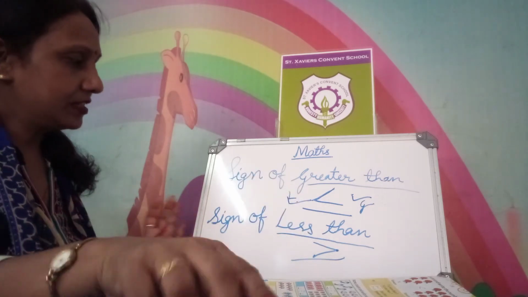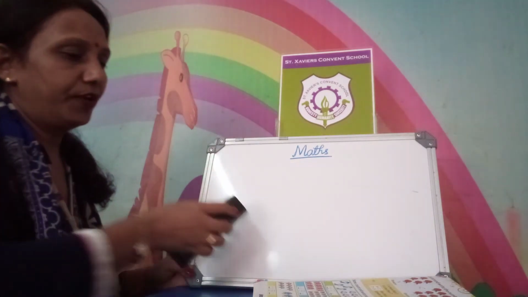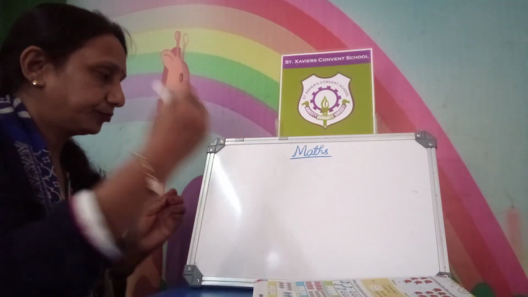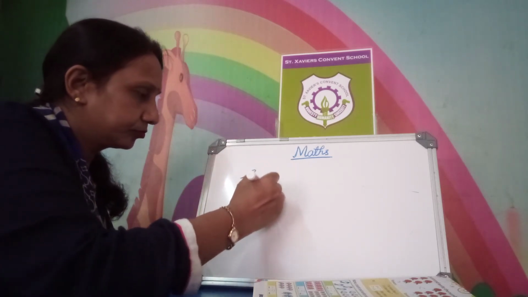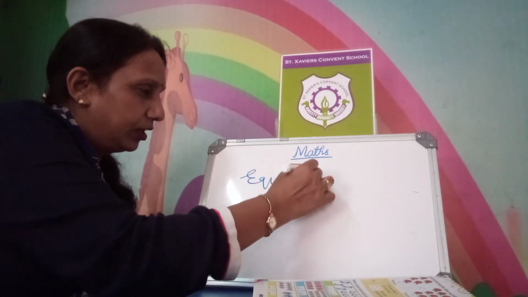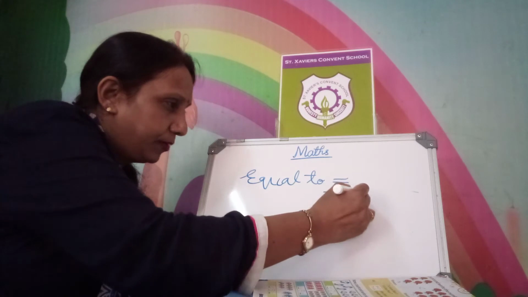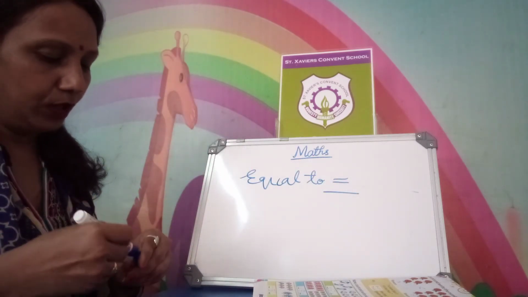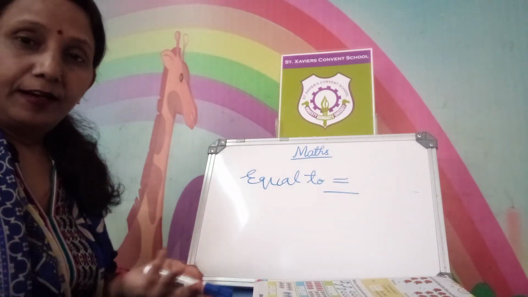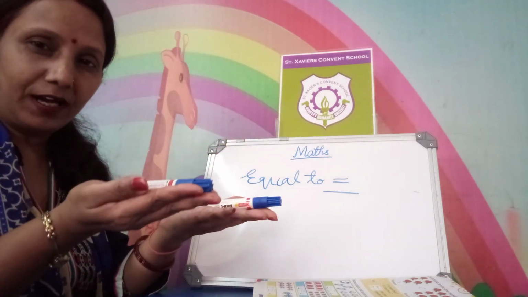Now, next is the sign of equal to. Equal to is equally, meaning barabar, bilkul. Both the sides have the same level and balance. One marker, one marker.